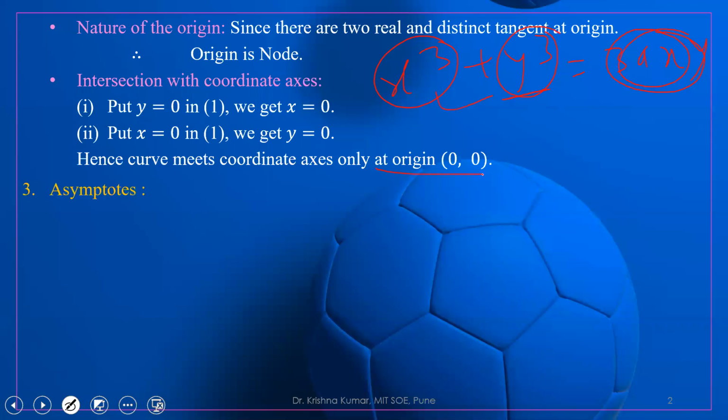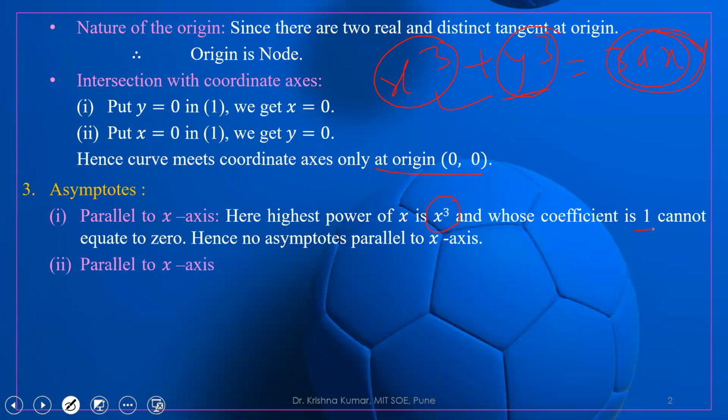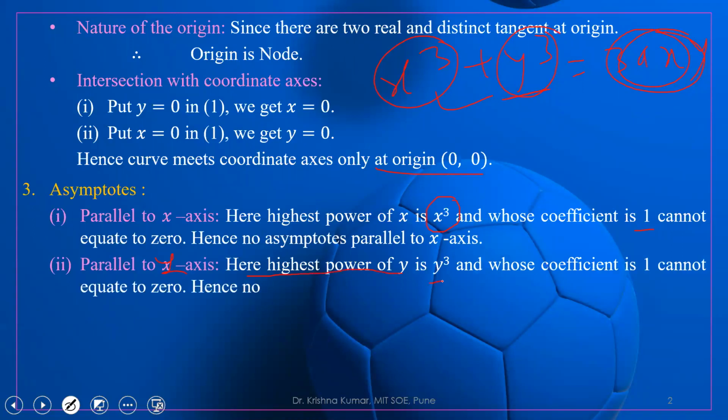Next thing is asymptotes. Now this is a very important point in the implicit curve. Since the curve is in implicit form, what is the highest degree term of x? It is x cube, whose coefficient is 1, which cannot become 0. Similarly, for asymptotes parallel to the y-axis, the highest term of y is y cube, whose coefficient is 1 and cannot become 0.